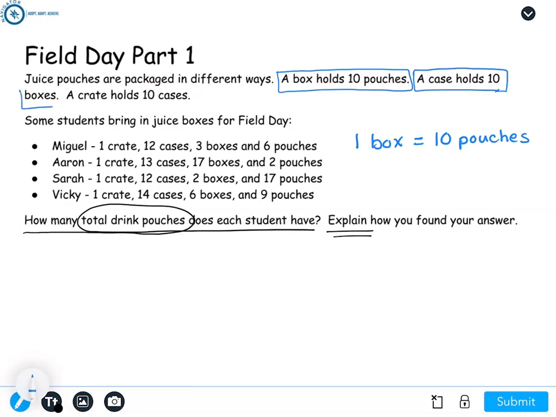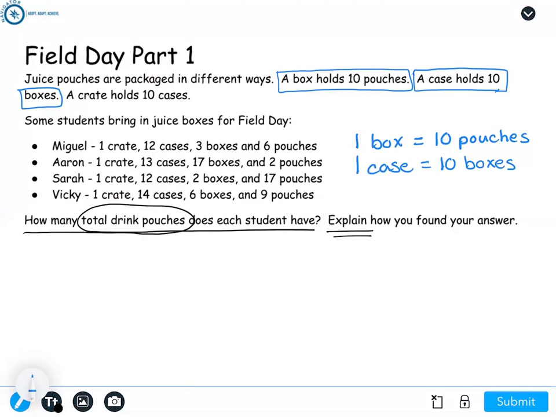So we can write that down as well. 1 case is equal to 10 boxes. But do we want to know how many boxes each student brought in or how many pouches? Say it out loud. That's right, we want to know how many pouches.